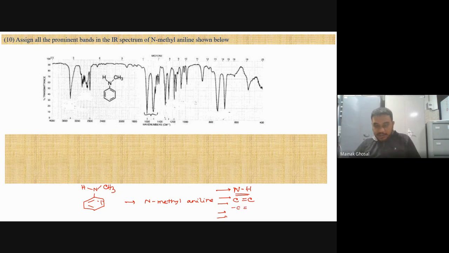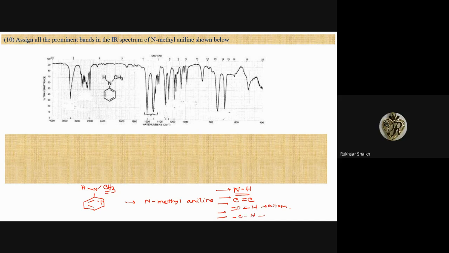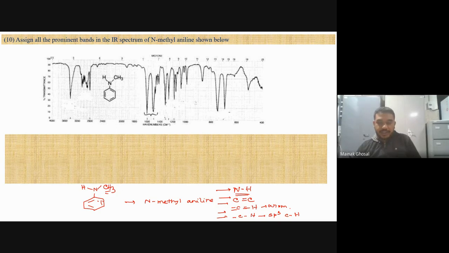Aromatic CH, double bond C and H, and one is sp3 carbon CH, which is this one. You need to find out in which region they are expected, and see if there is any peak in this region or not.